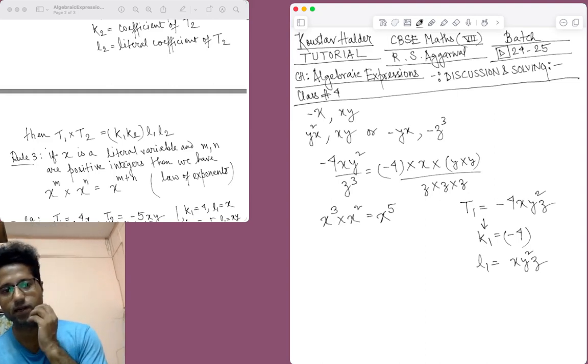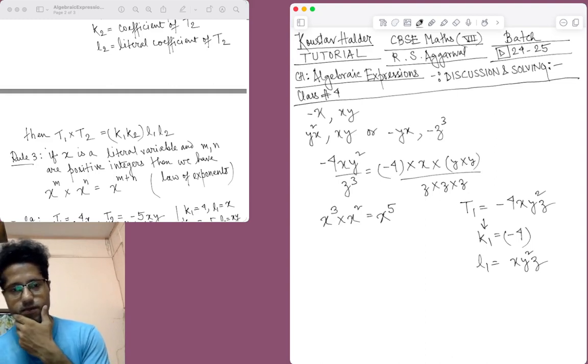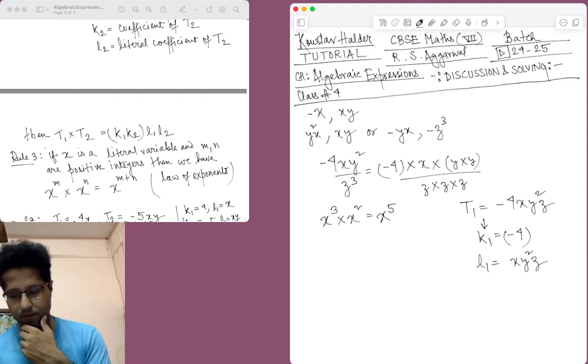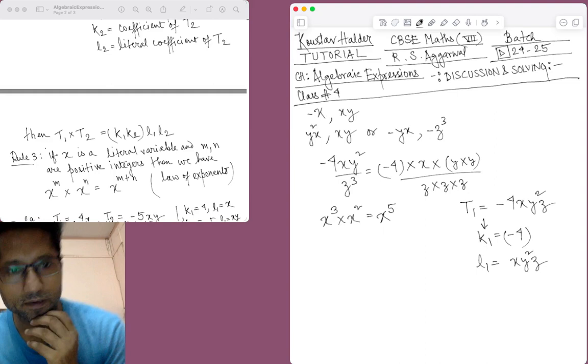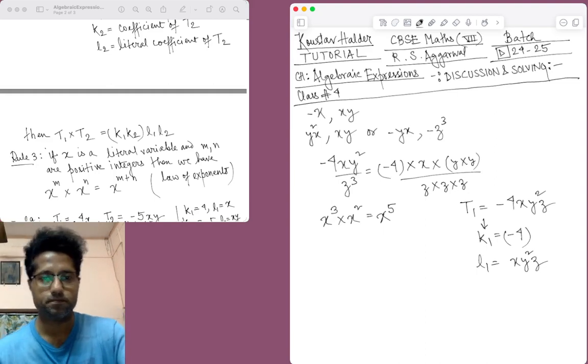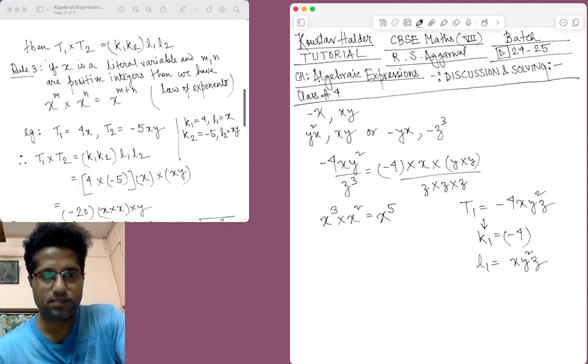Now K1 into K2 becomes the coefficient of the product, and whenever I say coefficient of a term, it also means the numerical coefficient. And its literal coefficient becomes L1 into L2.